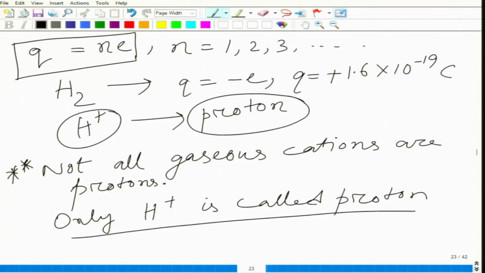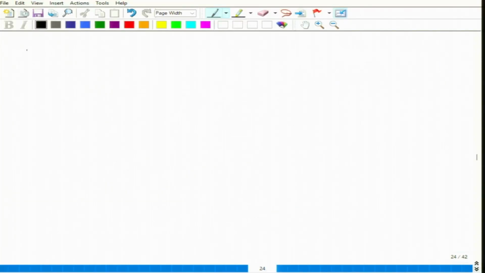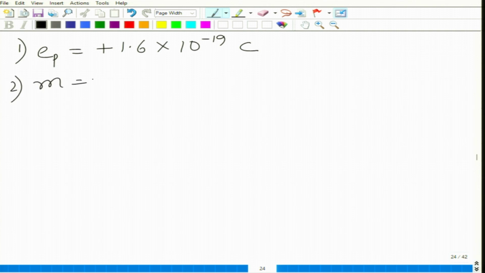So now we will see some important factors of the proton. Let's summarize. First of all, the charge of a proton is plus 1.6 into 10 raised to minus 19 coulomb. The mass of a proton was found out to be 1.673 into 10 to the power minus 27 kg.